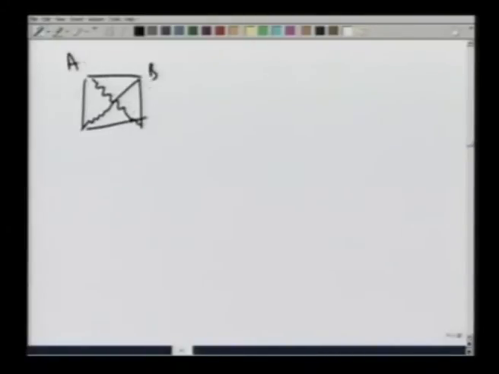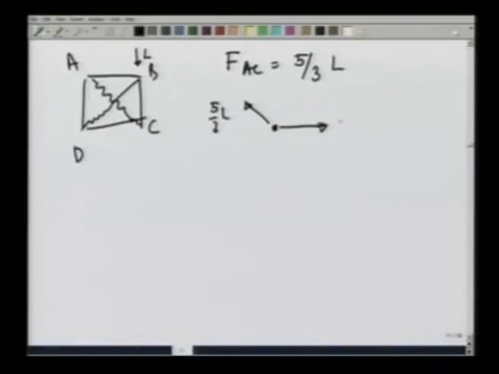A, B, C, D, we have found FAC to be 5/3 the load. At point C, this is 5/3 the load, this is 4/3 the load, and this force is FBC.